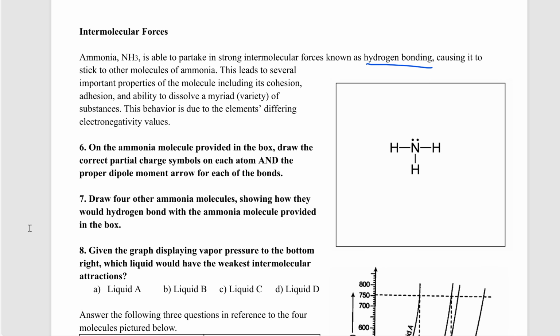Well, when you look at the periodic table, nitrogen is closer to fluorine, so nitrogen is more electronegative. So it's going to be pulling electrons towards itself. All the electrons go towards nitrogen in each bond.